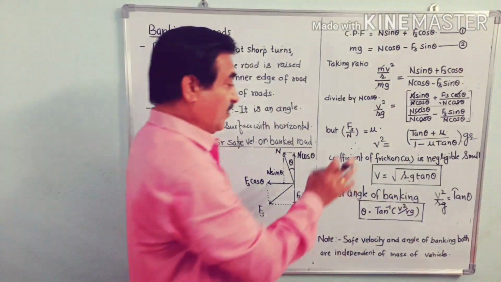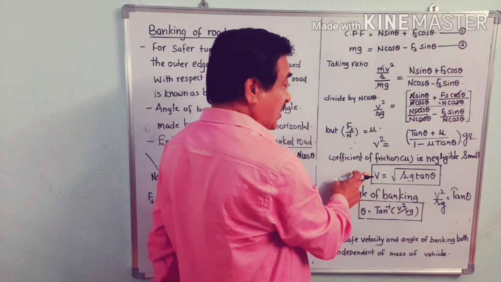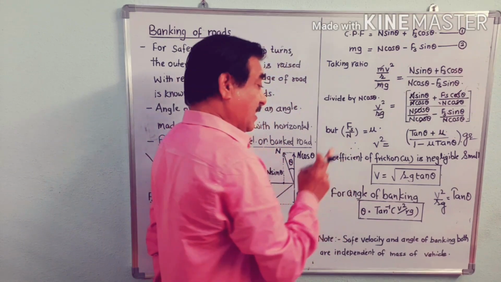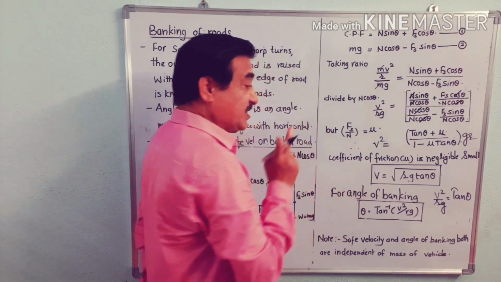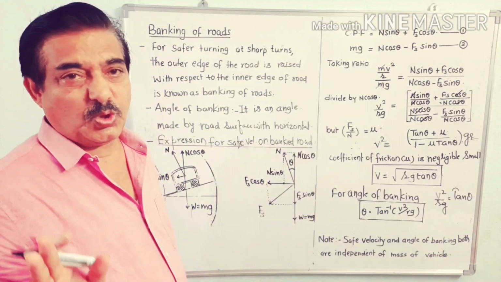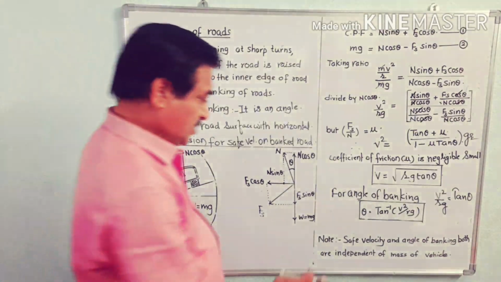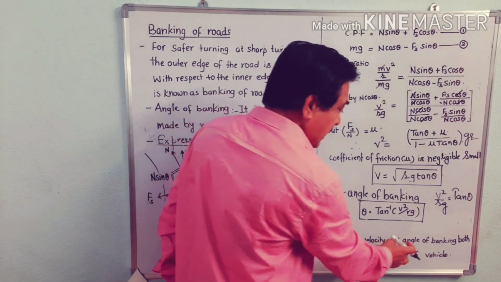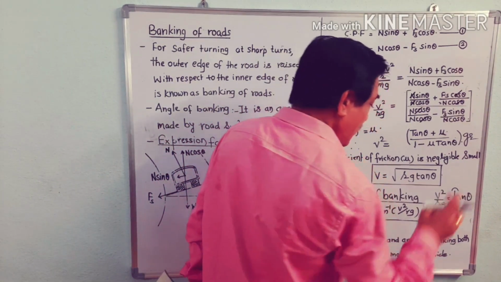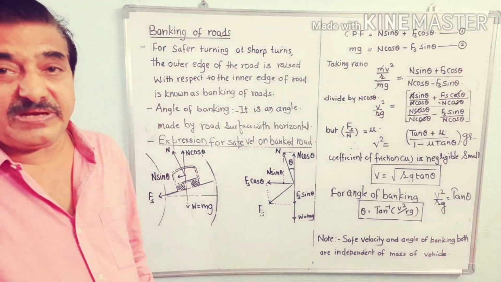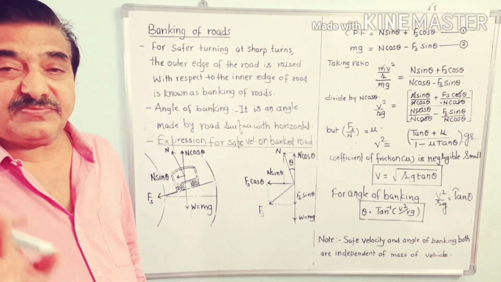In both these equations, the safe velocity or optimum velocity and the angle of banking, the term mass of the vehicle m is absent. So what is the note here? Safe velocity and angle of banking both are independent of the mass of the vehicle, whatever may be the mass.